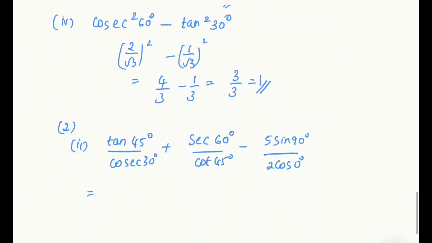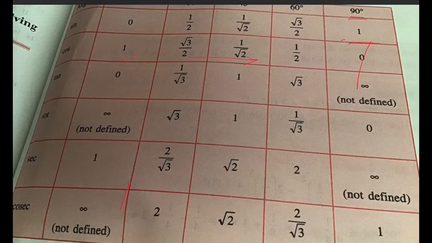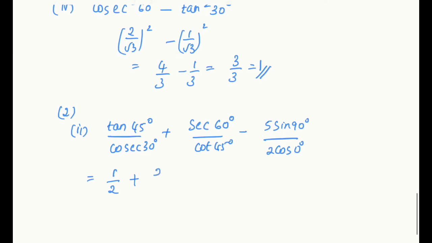So you will have 1 by 2 plus sec 60 and cot 45. Sec 60 is 2 and cot 45 is 1. So sec 60 by cot 45 is 2 by 1, minus 5 into sin 90.